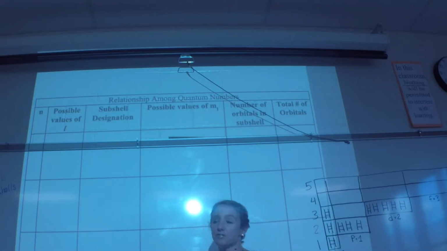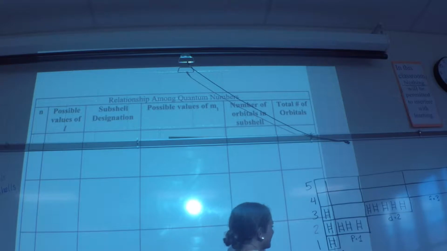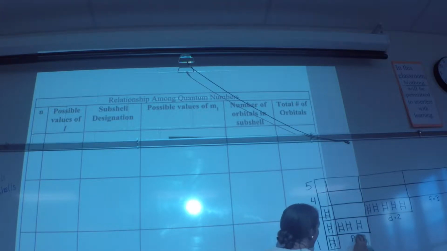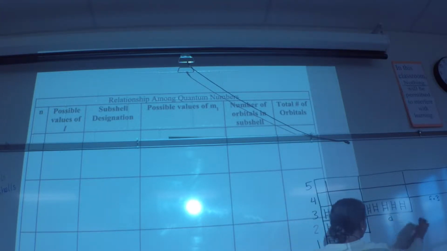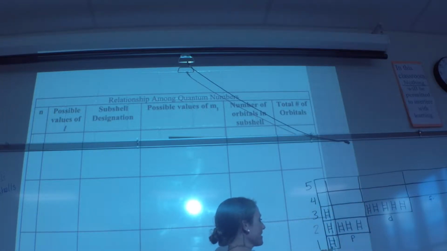Subshells have been designated by different letters. All of the subshells that are this size, we call an S subshell. So this right here would be called the 1S subshell because it's on the first floor and it's an S subshell. This would be called the 2S, 3S, 4S, and so on.